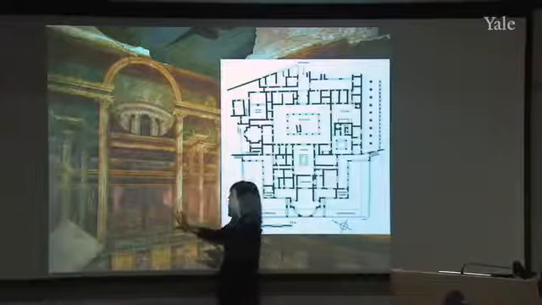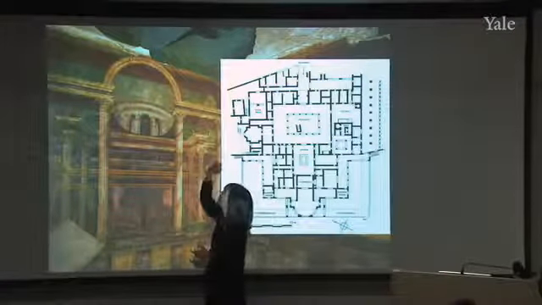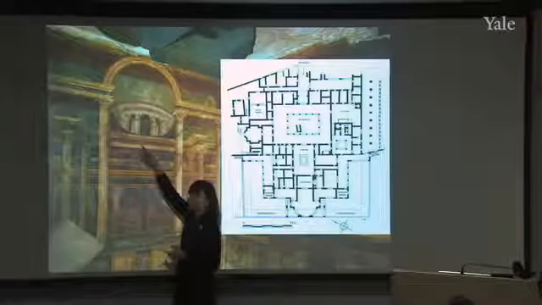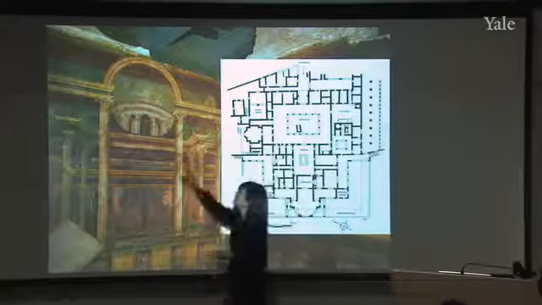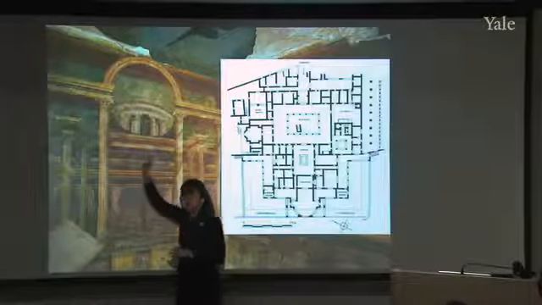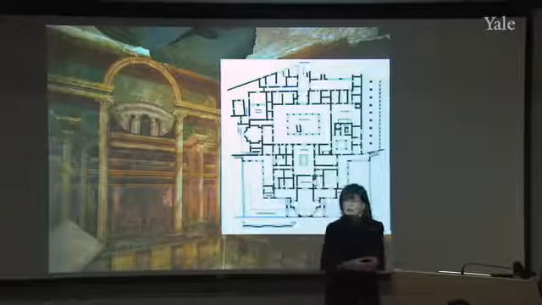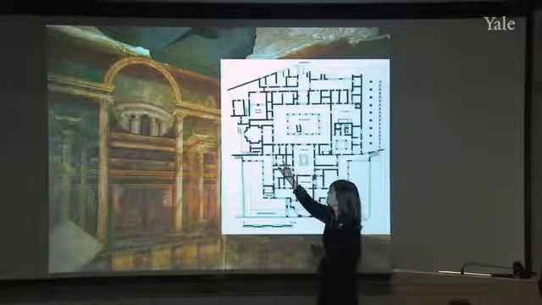We do have substantial columns with projecting entablatures, coffered ceiling above, and in this case a lintel and then an arcuated lintel. All of these elements are typical of the second style, and especially the opening up of the wall to see a vista that lies beyond, in this case, a tholos or round shrine surrounded by blue sky. So quintessential second style in Cubiculum 16.